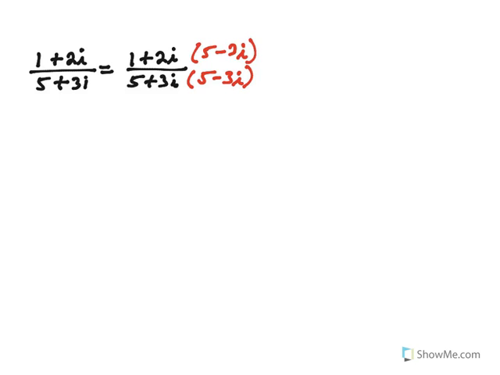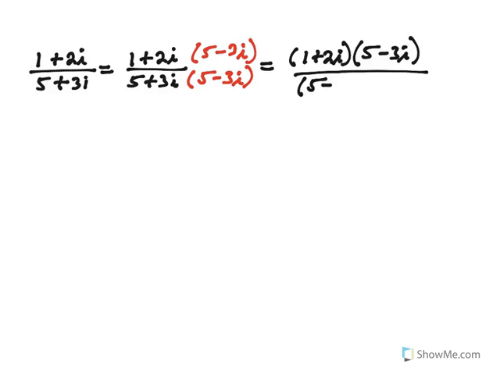Okay? So essentially what you're doing is you're FOILing 1 plus 2i times 5 minus 3i, all over 5 plus 3i times 5 minus 3i.